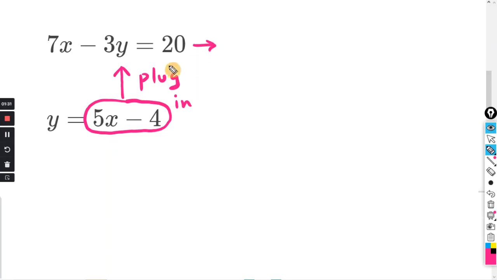Okay, so we have 7x minus 3 times y, so minus 3, and in place of y, we're going to use 5x minus 4. Okay, use parentheses, 5x minus 4, and that equals 20.